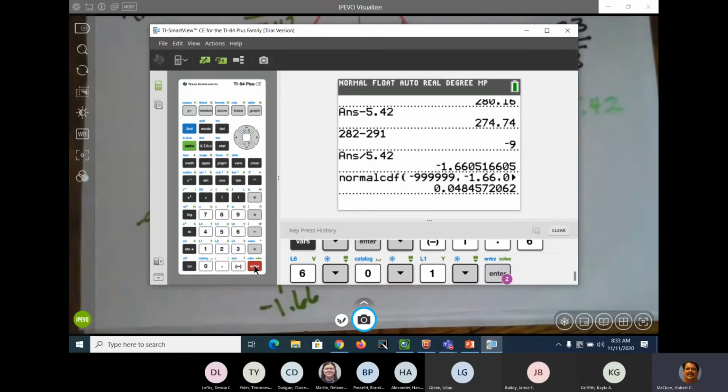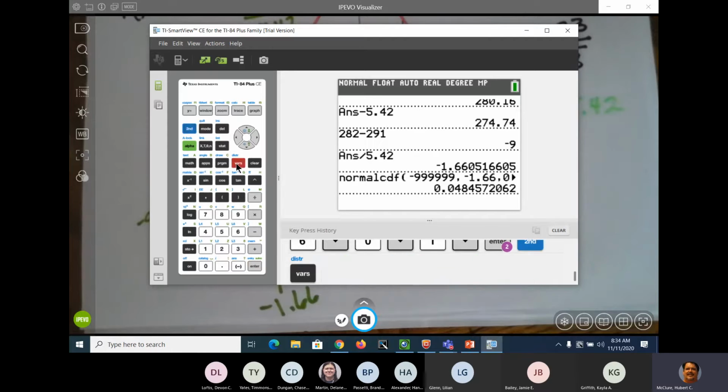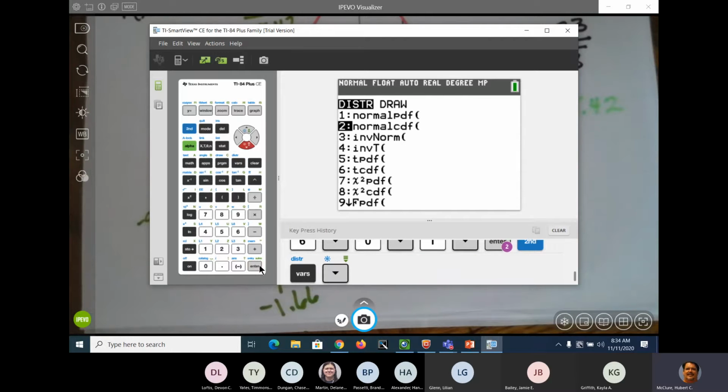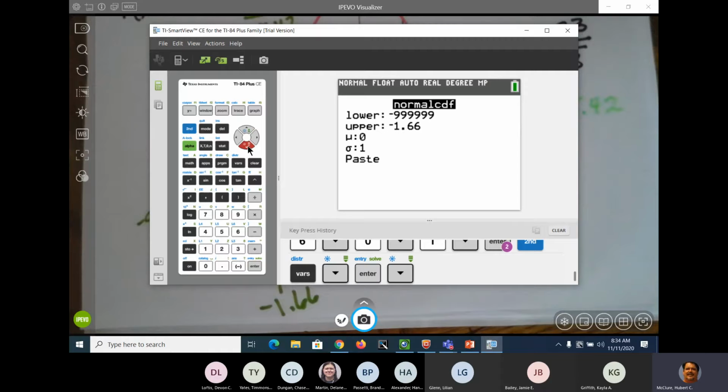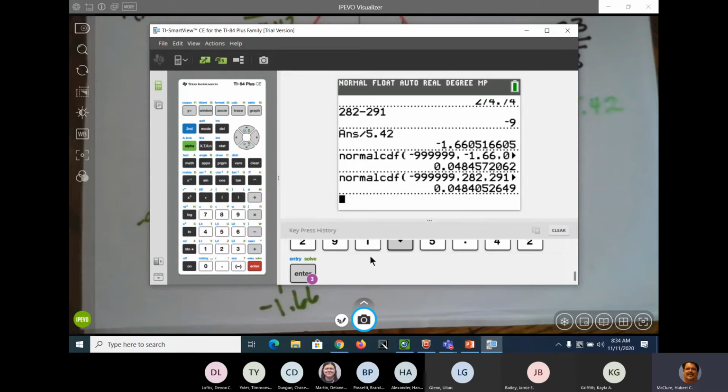0.0485. Now let's check it with a newer calculator and go second, vars, normal CDF, negative 9999 to 282. Mean 291. And now the standard deviation is 5.42. And it should be around the same answer.